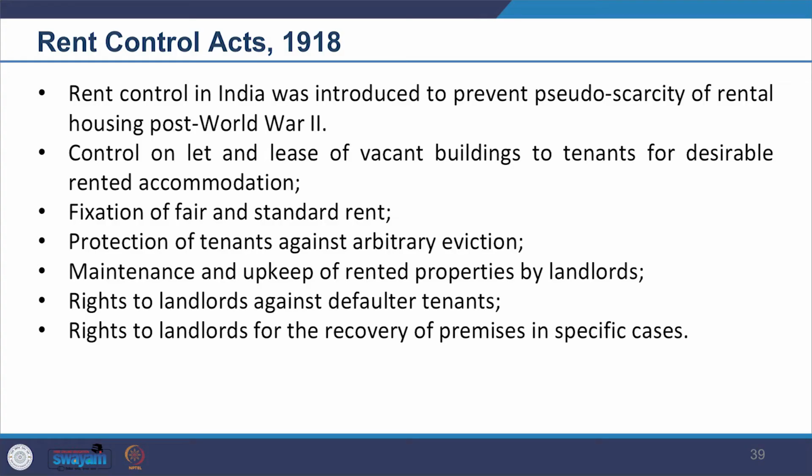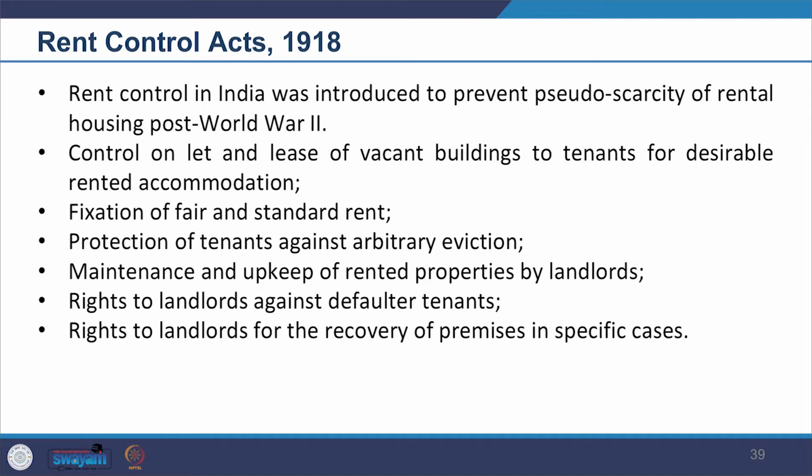Rent control in India was introduced to prevent pseudo-scarcity of rental housing post-World War I. In India, the first rent control legislation was introduced immediately after the First World War in Bombay in 1918, followed by similar legislation in Kolkata in 1920. Through this Rent Control Act, we see that control was imposed upon the lease of vacant buildings to tenants for desirable rented accommodation.